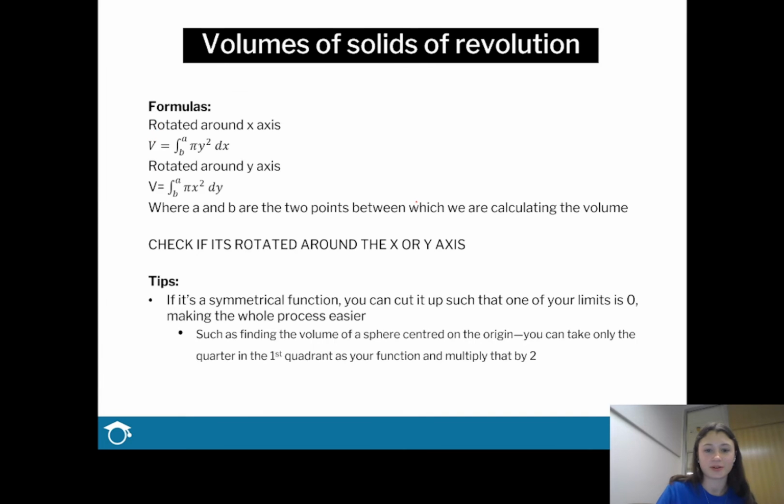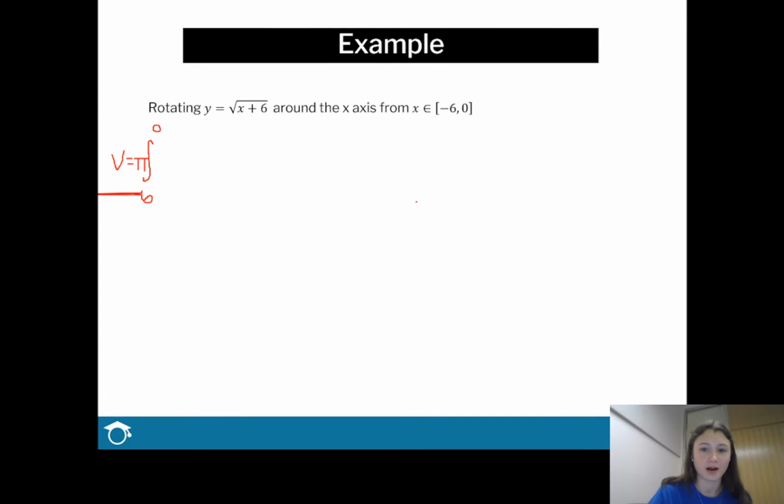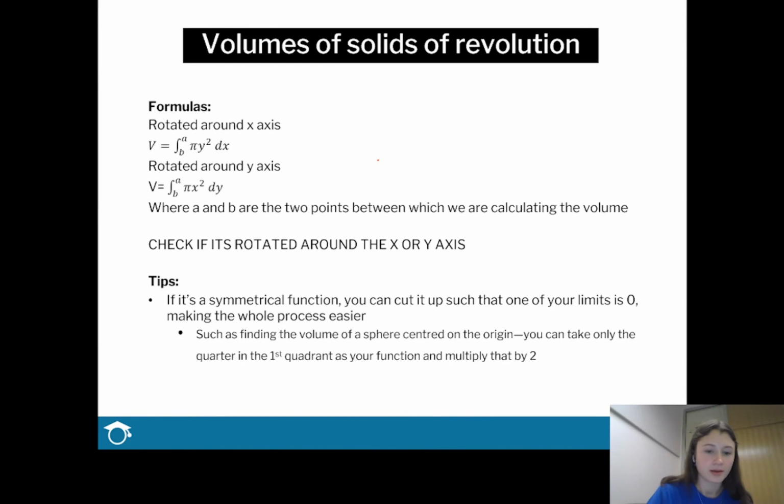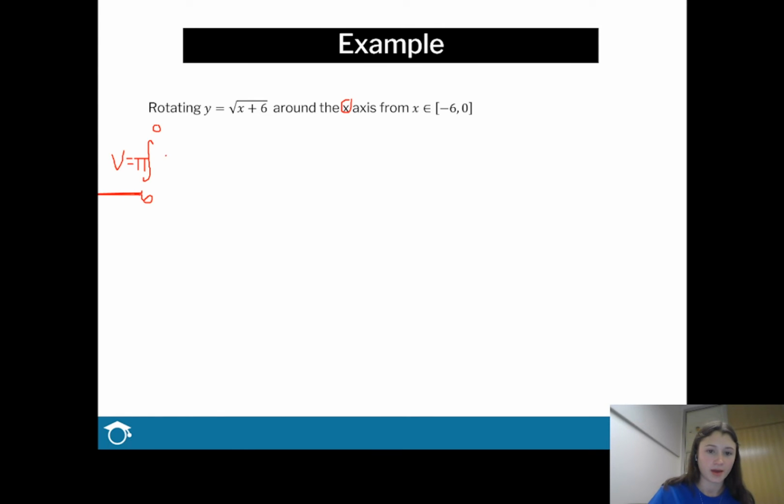And then if we have a look previously, when we are rotating something around the x-axis, we need to have the function as y squared, which means the function needs to be in terms of x. So we're going to have root x plus 6 squared. Obviously, the square root squared part cancels out, so we're just going to be going x plus 6 dx.